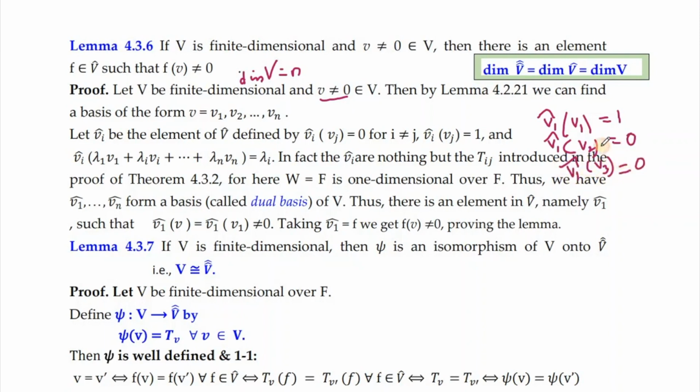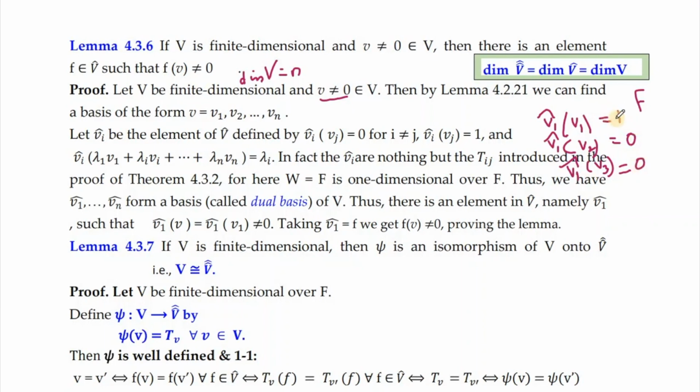What does it say actually? When the suffixes are the same, you have the value 1, because it is a linear functional, so the values will be in F only, not a vector. So you are defining your vi caps in such a way that the value is either 1 or 0.